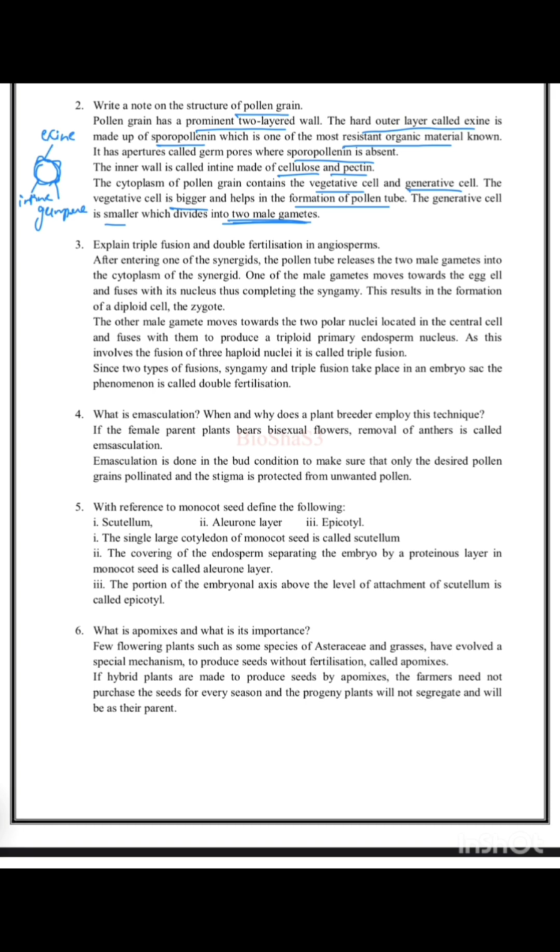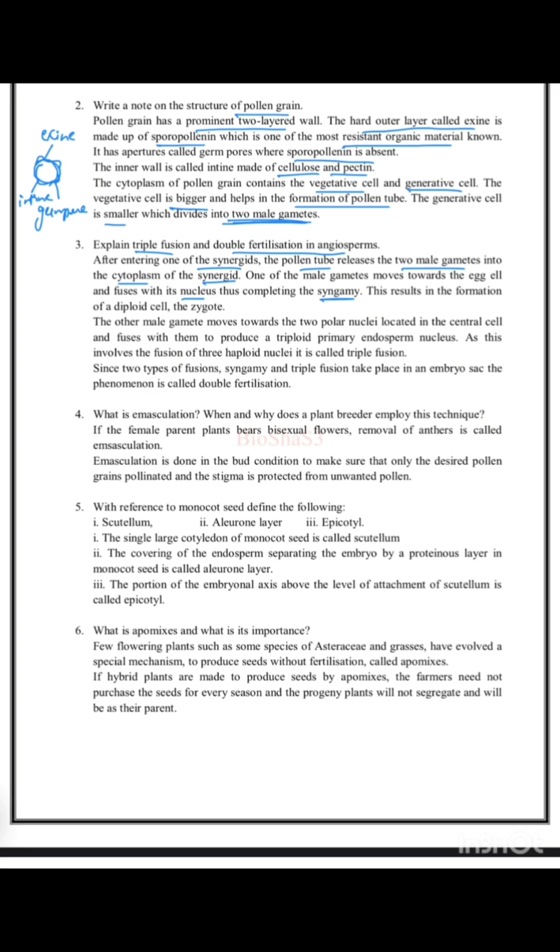Okay. Next, explain the triple fusion and double fertilization in angiosperm. After entering one of the synergids, the pollen tube releases the 2 male gametes into the cytoplasm of the synergid. One of the male gametes moves towards the egg cell and fuses with its nucleus, thus completing the syngamy. Syngamy here means fertilization.